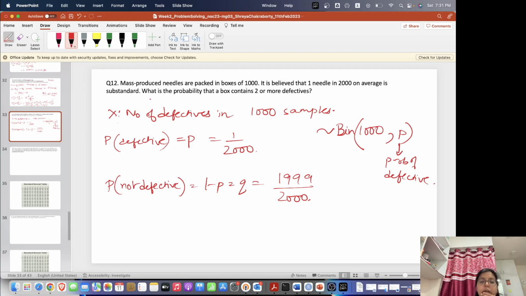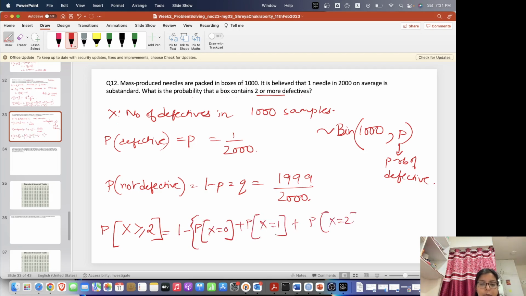So here we have been asked what is the probability that a box contains 2 or more defectives. So we have been asked to find out probability X greater than or equal to 2.